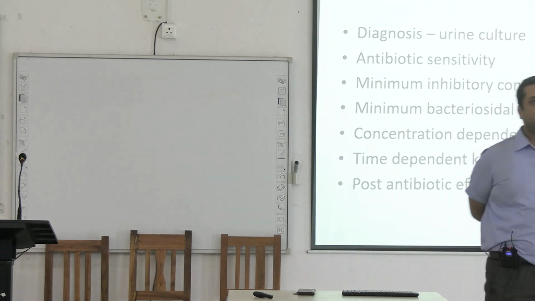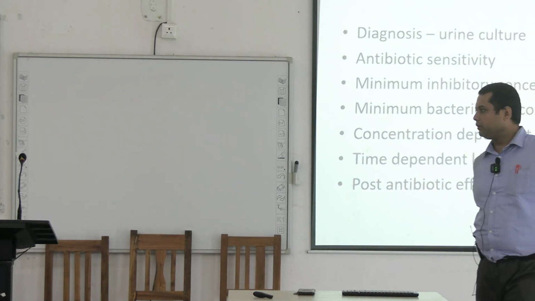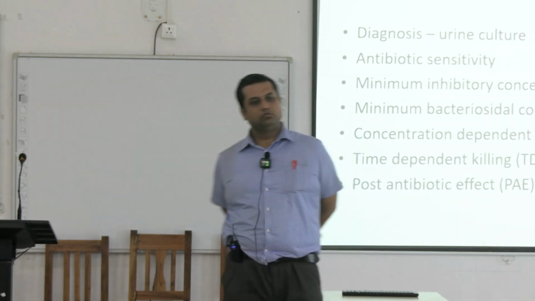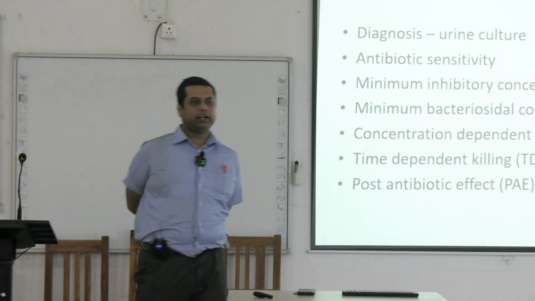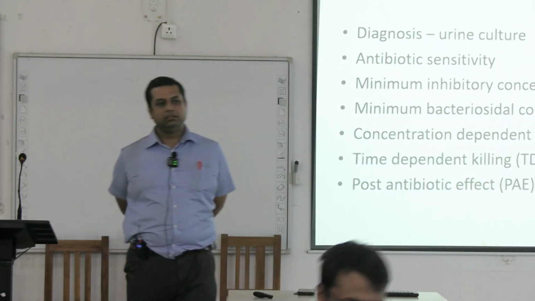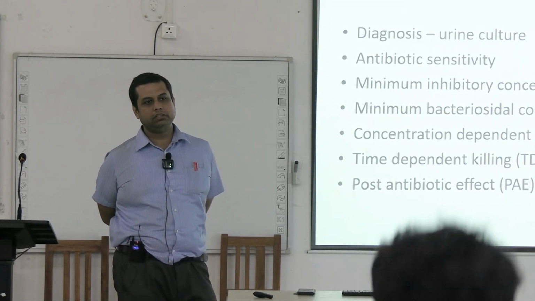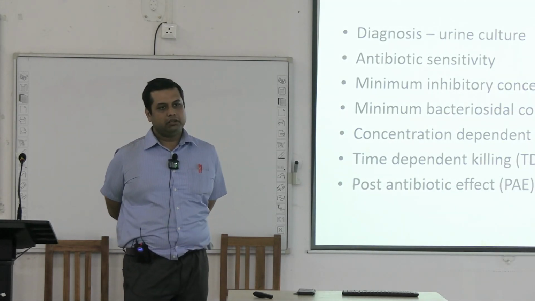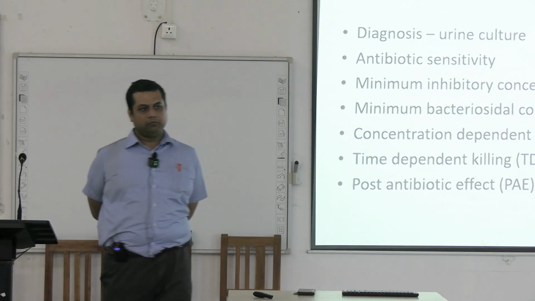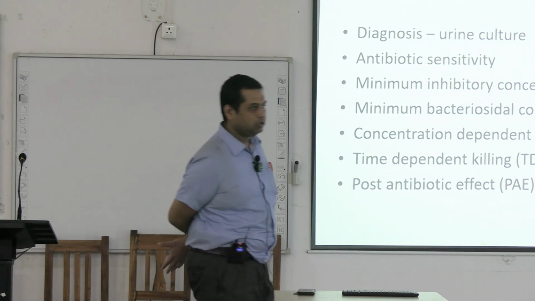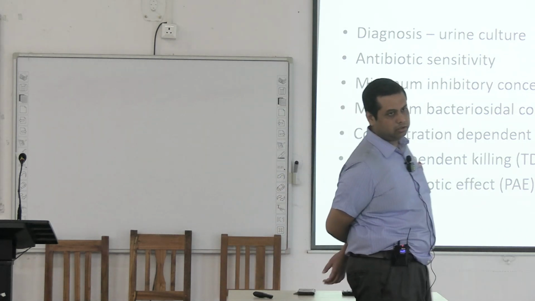For an antibiotic to be effective against an organism, the organism should first of all be sensitive to that antibiotic. Then the next thing is that the concentration of that antibiotic should be in appropriate amount in that medium. Let's discuss urinary tract infection.